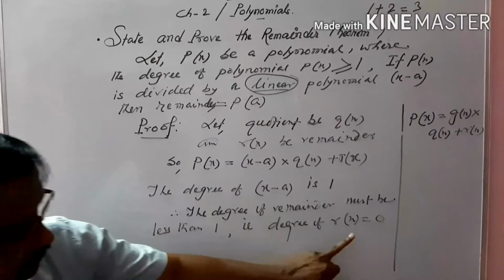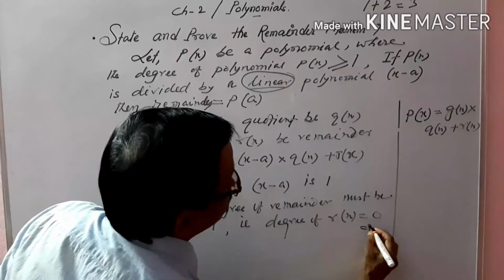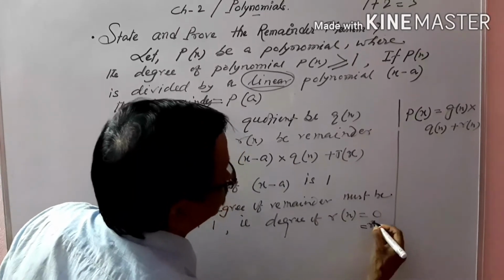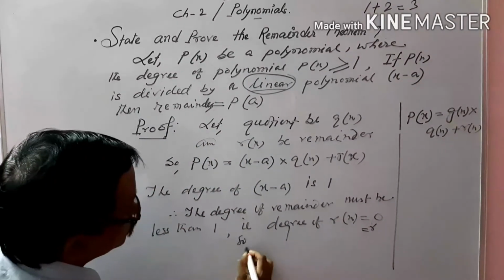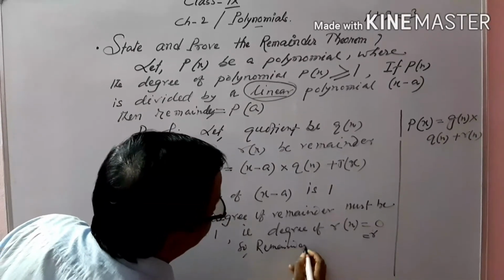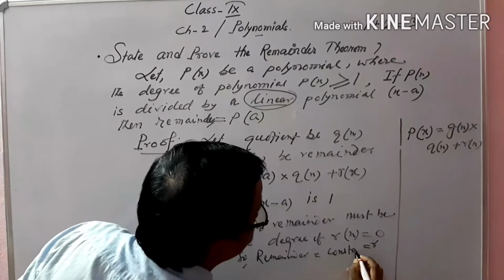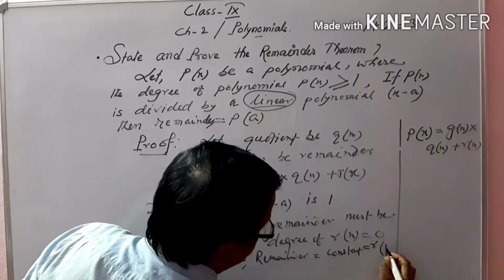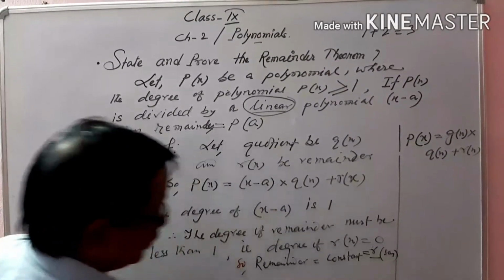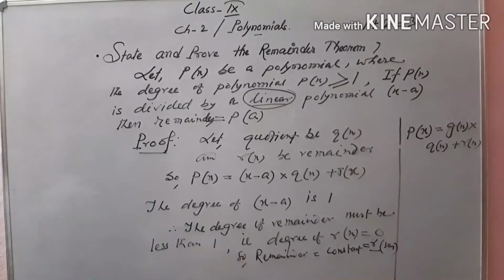We are considering that 0 is a constant power. So the remainder is constant, and instead of constant, we are writing it as R.